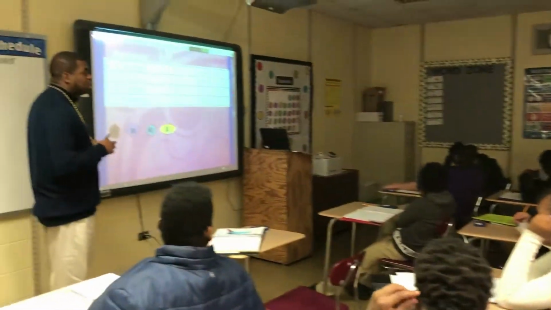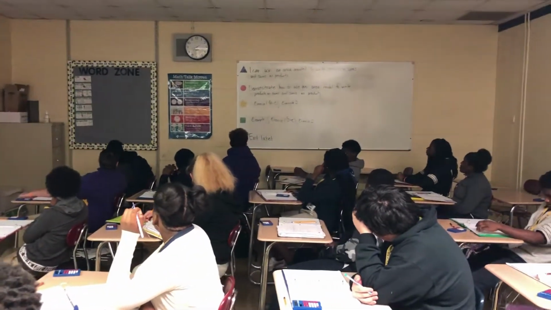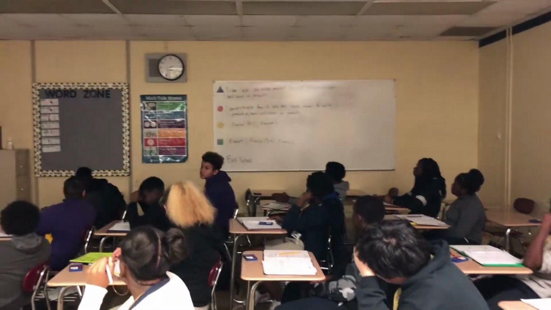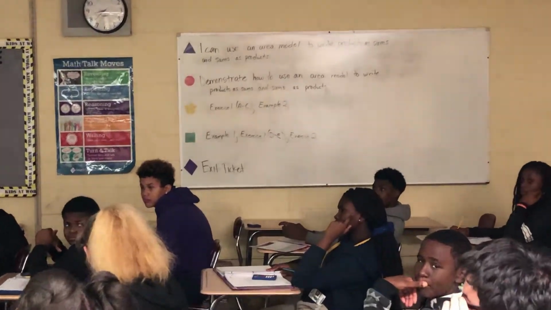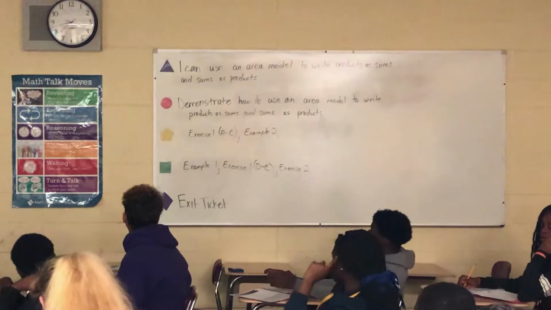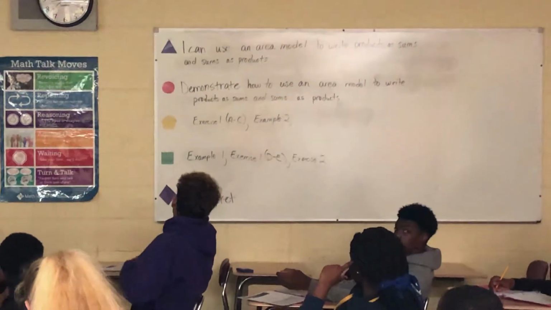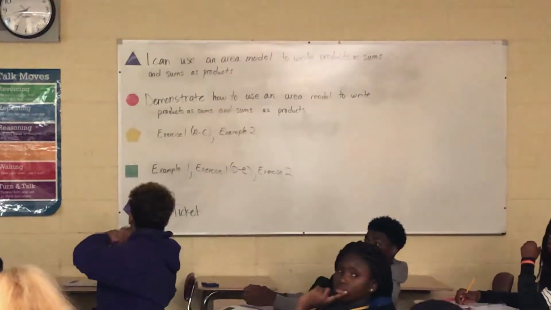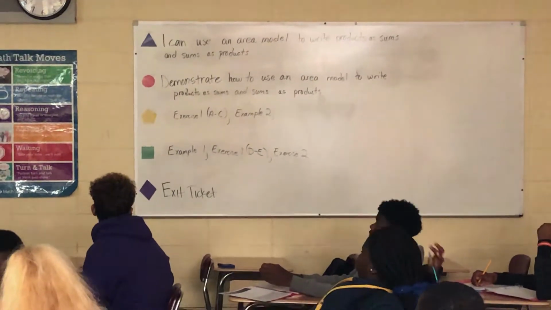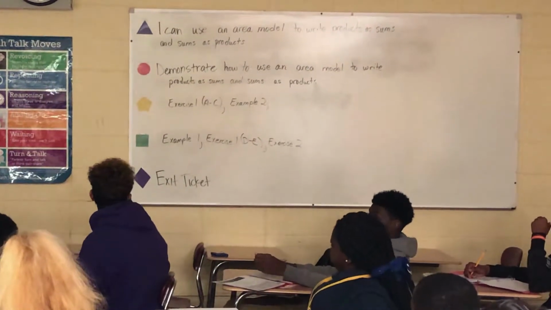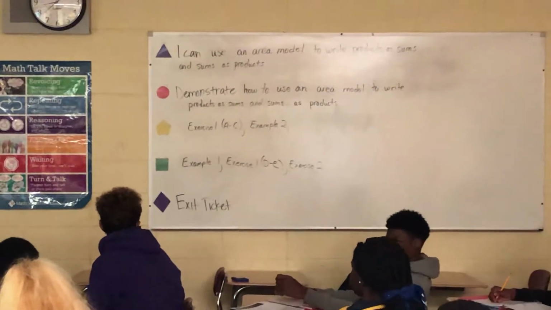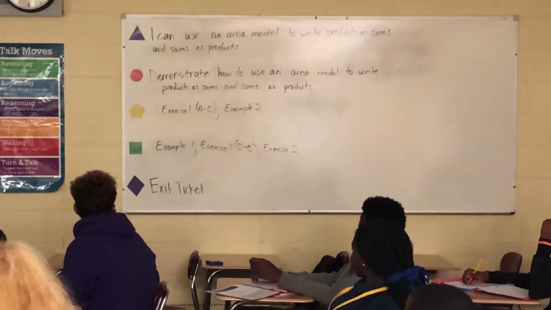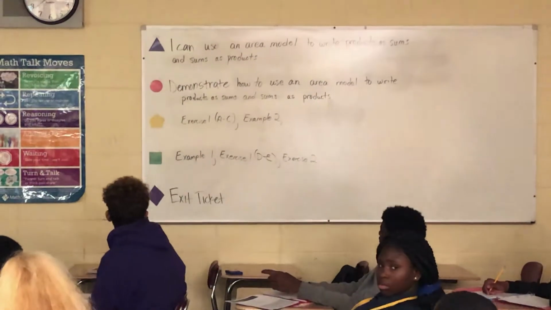The I can statement is: I can use an area model to write products as sums and sums as products. I would demonstrate how to use the area model to write products as sums and sums as products.